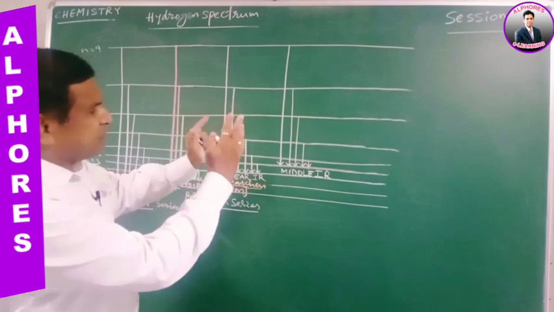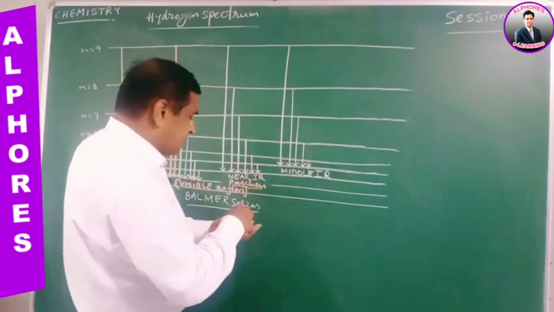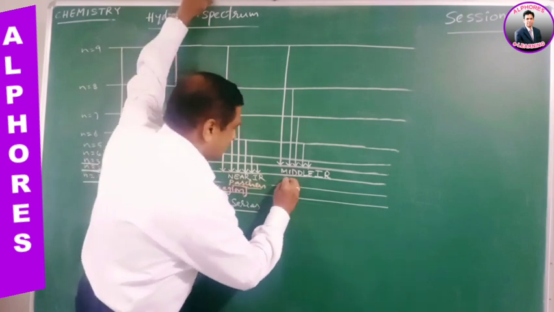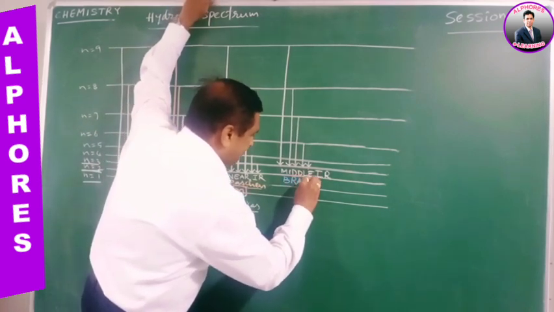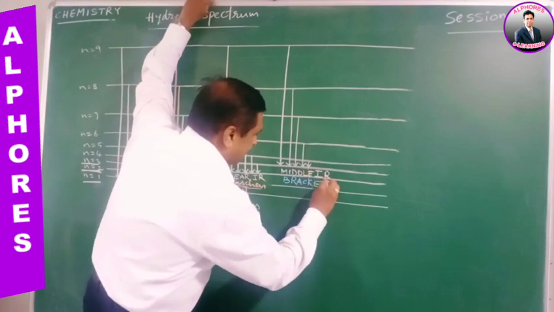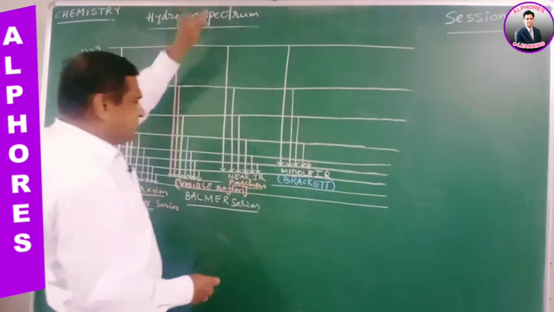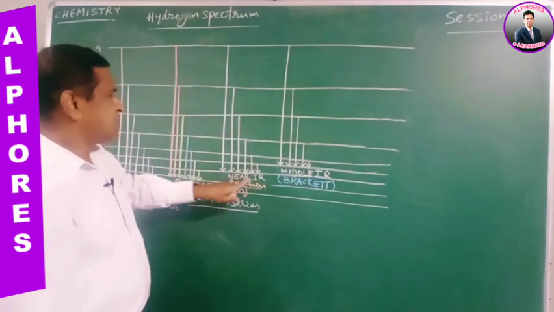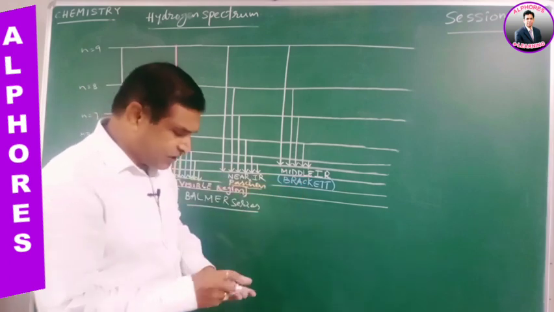The series of spectral lines are named as Brackett series. Near infrared is Paschen series and middle infrared is Brackett series.